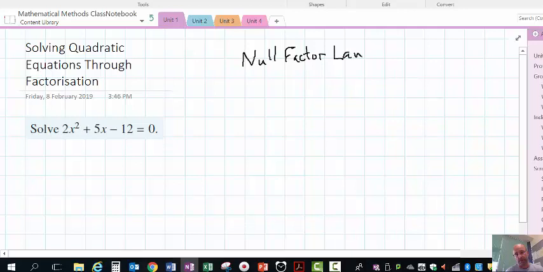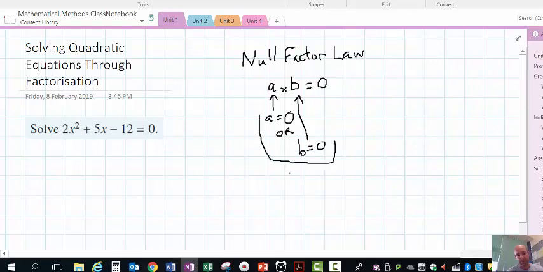And it's pretty common sense. If you have two things and they're multiplied together and they equal 0, we know that either the first thing was equal to 0 or the second thing was equal to 0, or both were equal to 0.